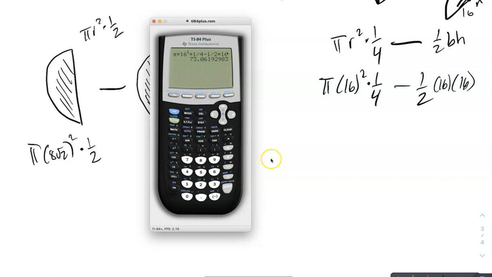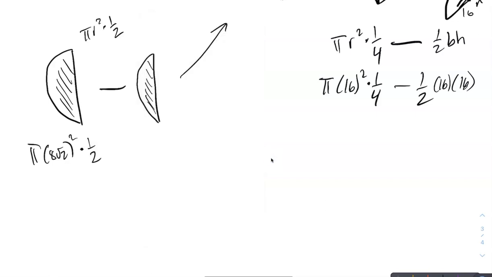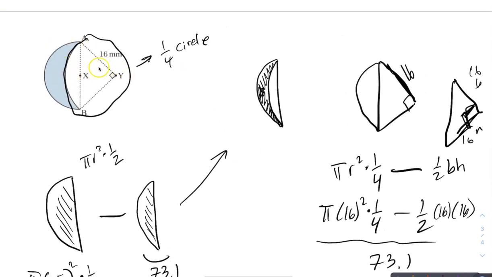And I get 73.069, so 73.1. So all this is 73.1, which is what this is. So I got the area of the quarter circle there, and I subtract off the area of the triangle, so I'm only left with this little portion right there.